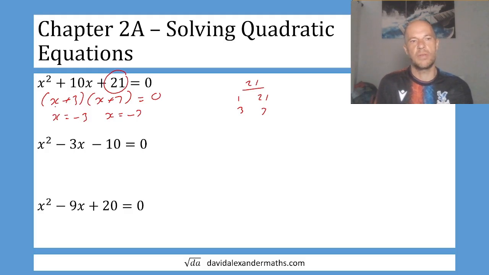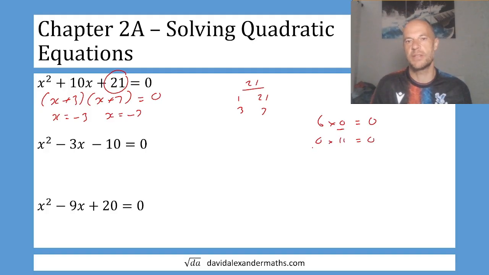What this means is we are multiplying x + 3 by x + 7 to get 0. Now, when you multiply two things to get 0, the only way we can get 0 is for one of the things to be 0. So for example, what times what equals 0? Let's say 6 times 0 is 0, or 0 times 11 is 0.